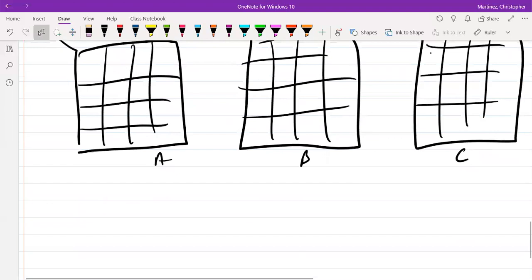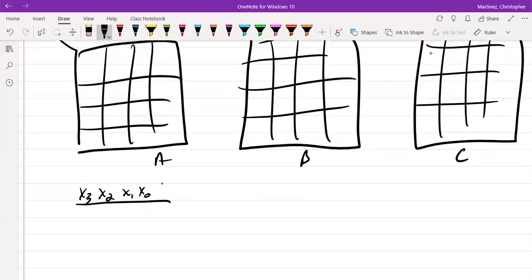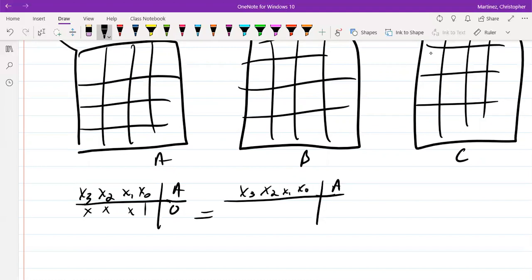But the one thing you got to remember is you're going to have to expand out the don't cares. So for example, let's say we're only looking at the input for A. We know that has to be 0 for 1. X0 is a 1 and the rest are don't cares. Well, that has to be expanded out too. You need to do every combination. Now, this is going to be quite a bit of combinations, because this is 1, 0, 0, 0.